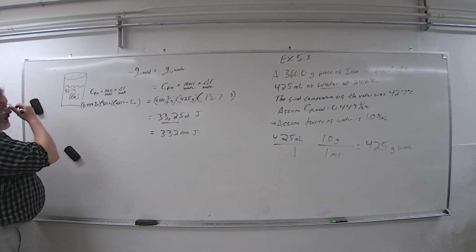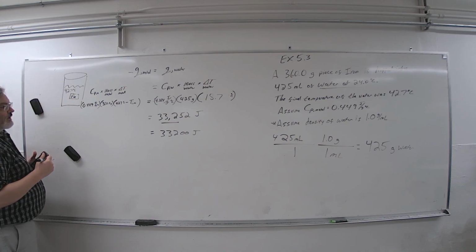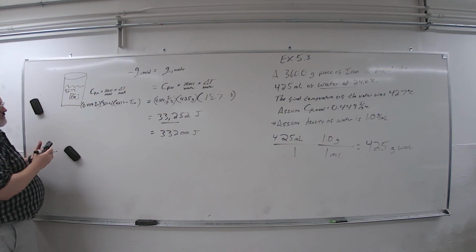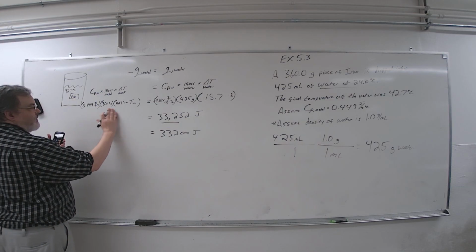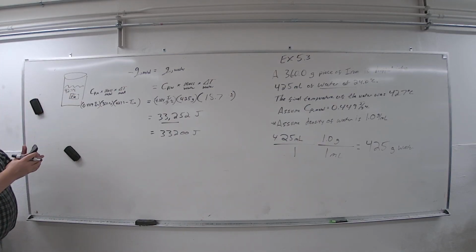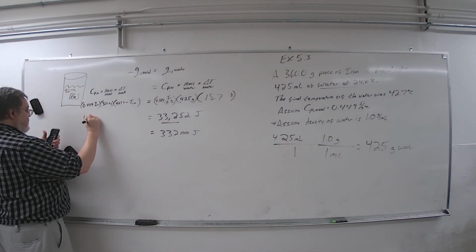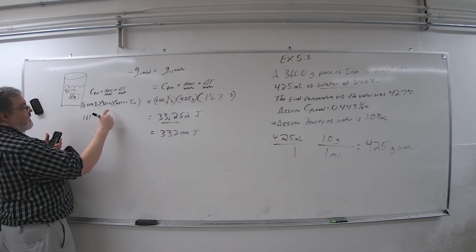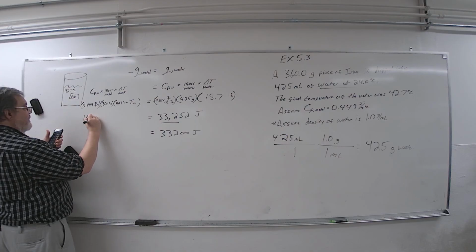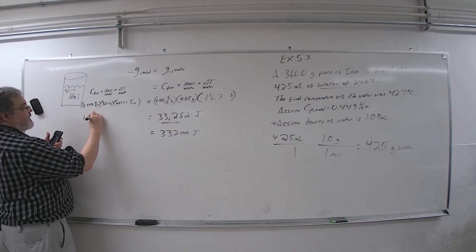All right, over here, this is what I wanted to avoid, because now we have to distribute on both sides. But I'm feeling better about this. So 0.449 times 360, I feel like we should keep an extra digit.